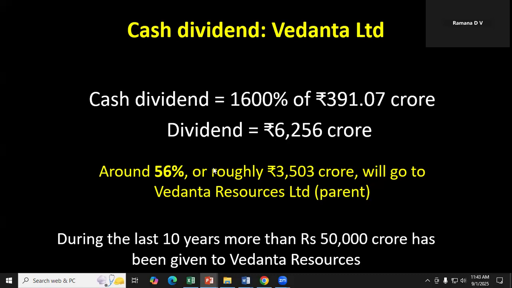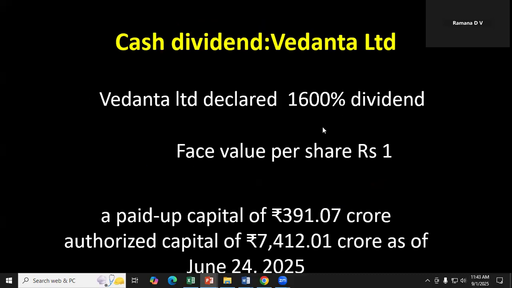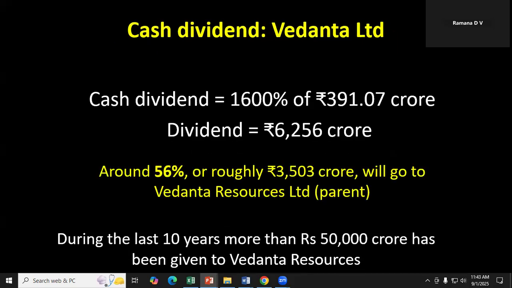So 1,600% dividend on the capital. That is what we said, that the dividend is always calculated on the face value. And a significant part of this money goes to the parent company.